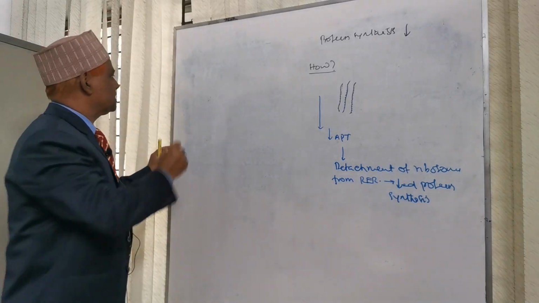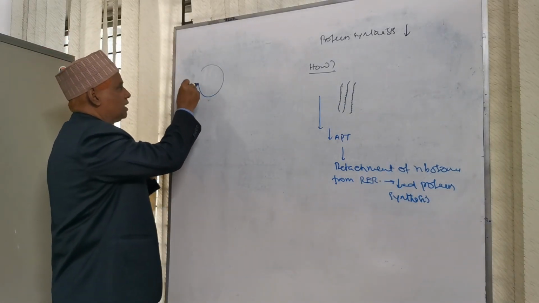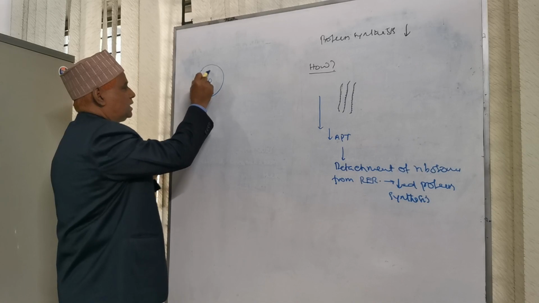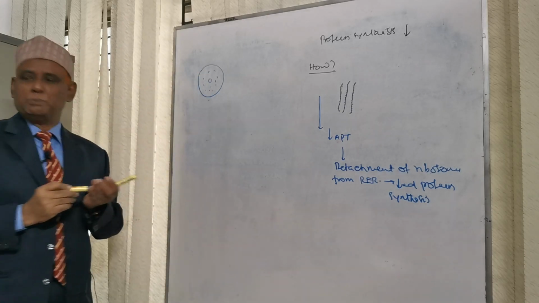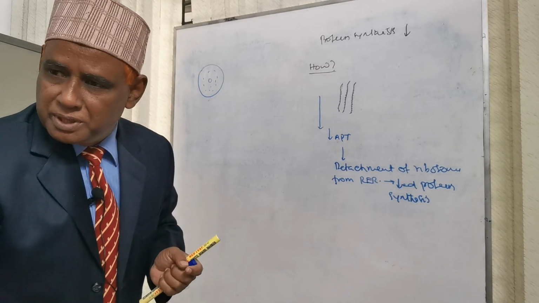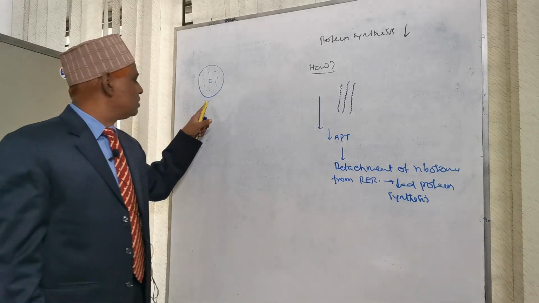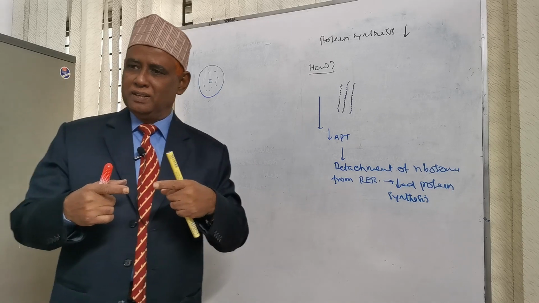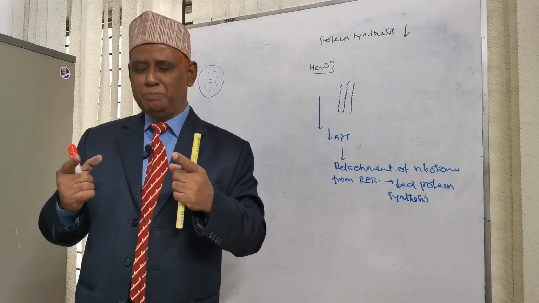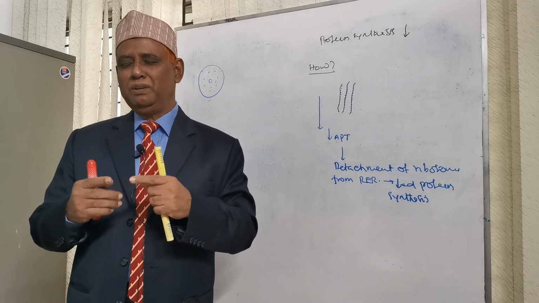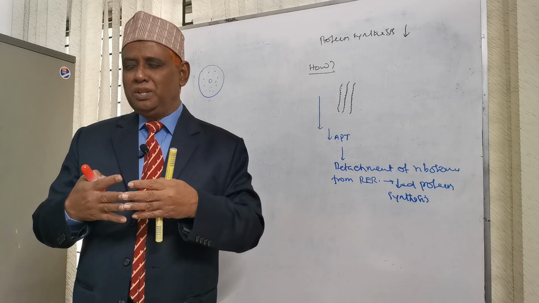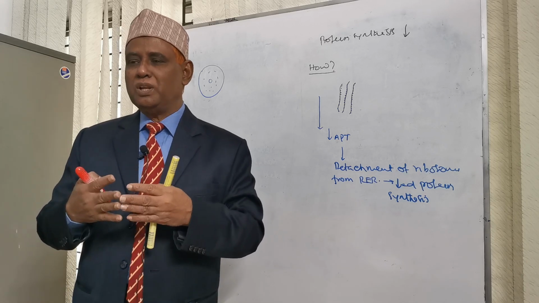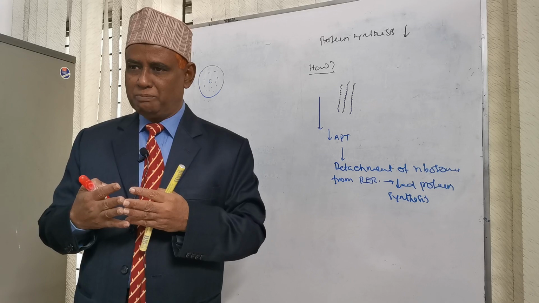So what we are getting in the cell now, if this is the cell nucleus, is water here and diminished protein. Some protein, after being synthesized, combines with lipid and forms lipoprotein.